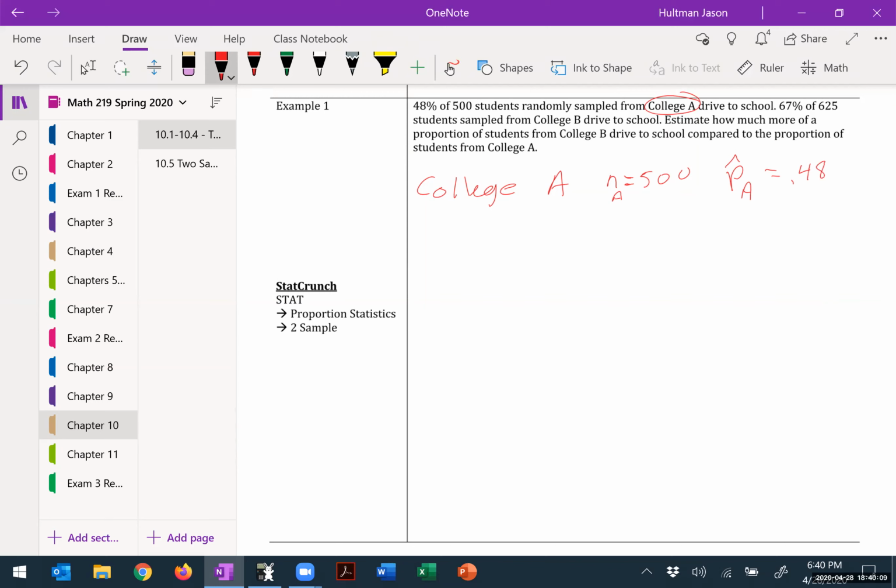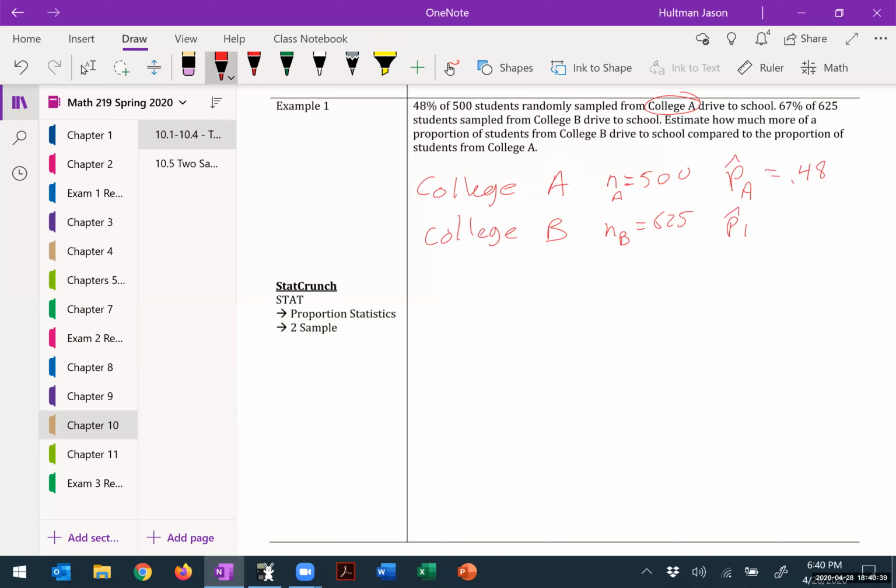Okay, what about college B? It says that 67% of the 625 students from college B. So n sub B is going to be equal to 625.